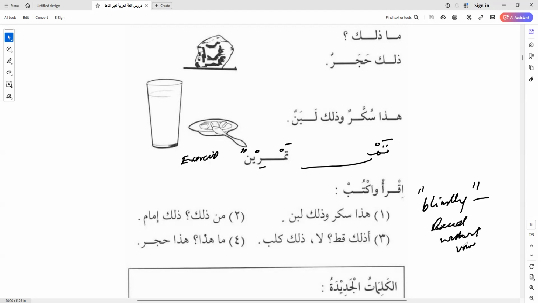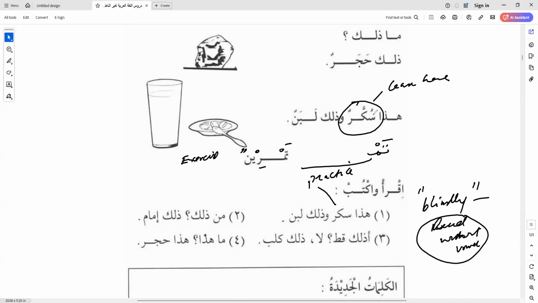Arabic has vowels, but when they write it, they don't put them on. You have to read by experience. I've seen it before, so I can read it. That's how Arabic is. So you've seen sukkerun before, right here. See that here it has vowels. So here you learn, and then here is practice time.